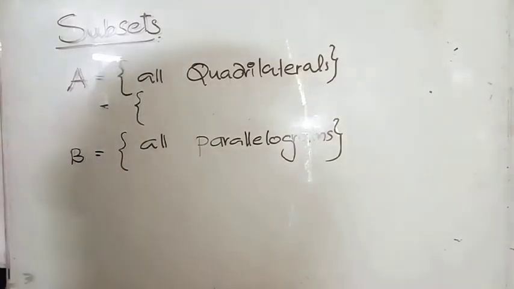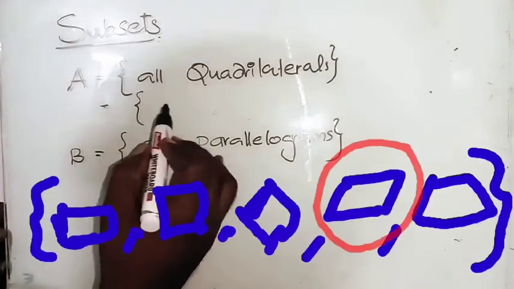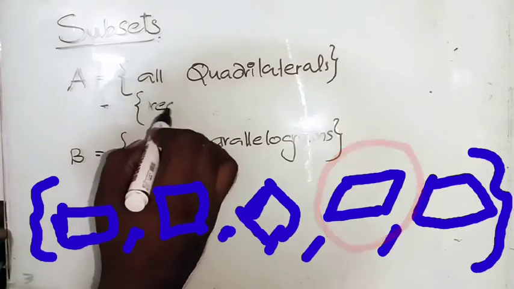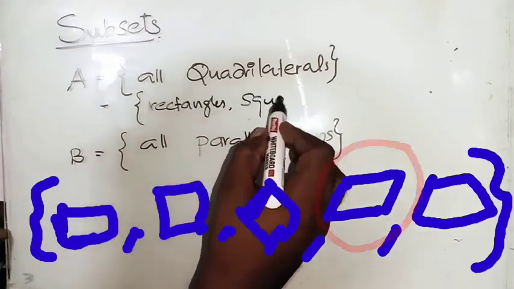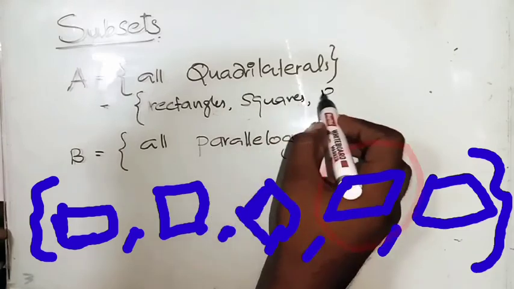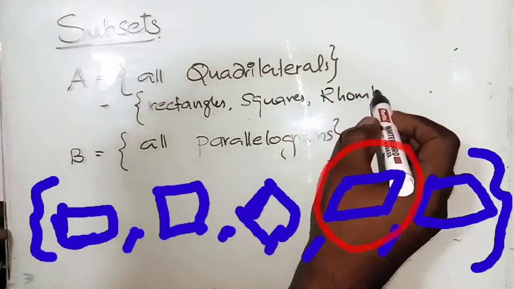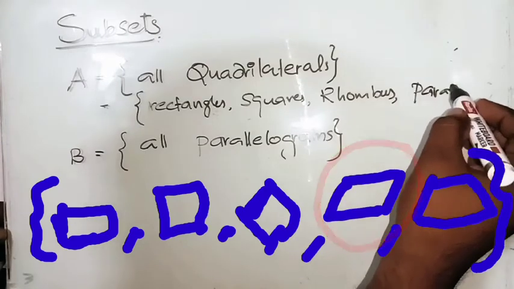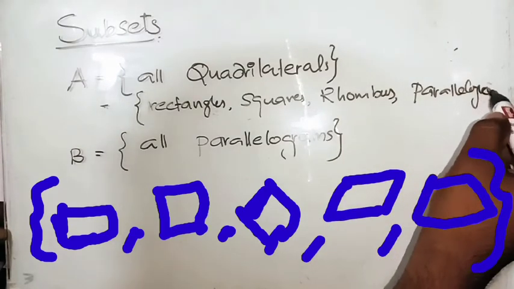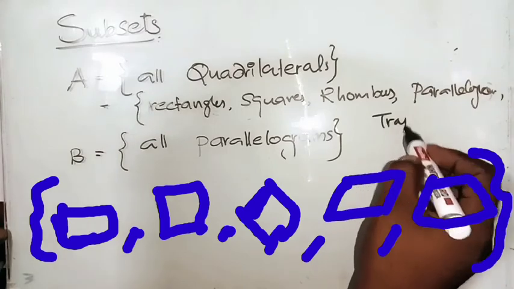So what are the quadrilaterals we learned already? Yes, all rectangles, squares, rhombus, then parallelogram, then trapezium.